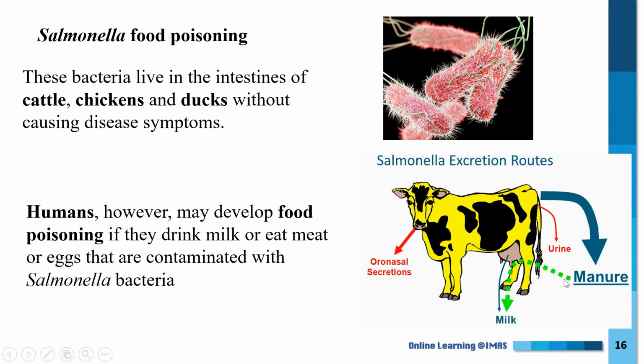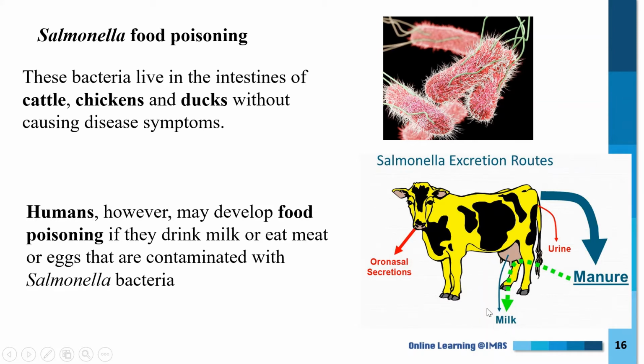If the udder of the cow is contaminated with feces, which happens when the cow sits on its feces, and the person who is milking the cow does not clean the udder properly, the milk will be contaminated with salmonella.